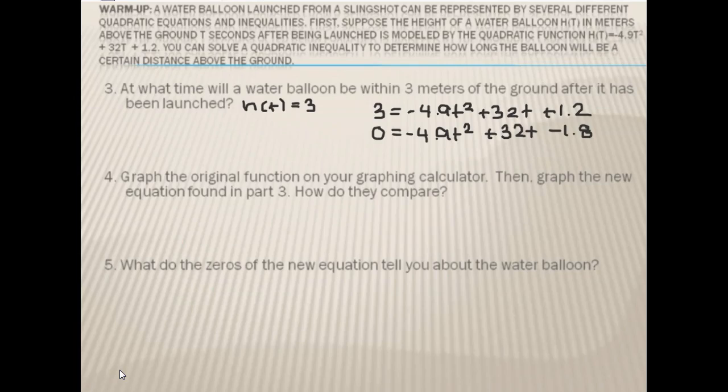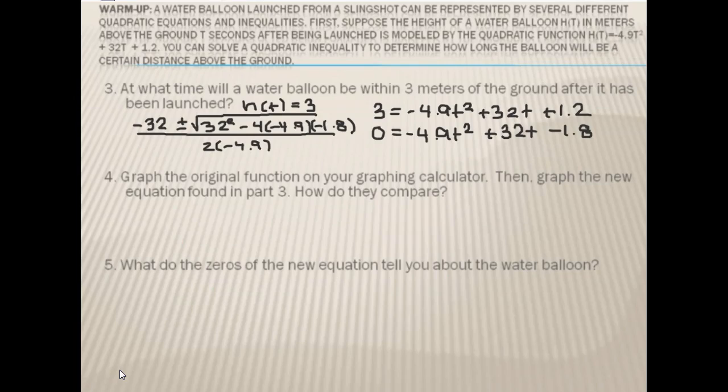And then we can plug into our quadratic formula. So that's negative b plus or minus the square root of b squared minus 4 times a times c, all over 2a.